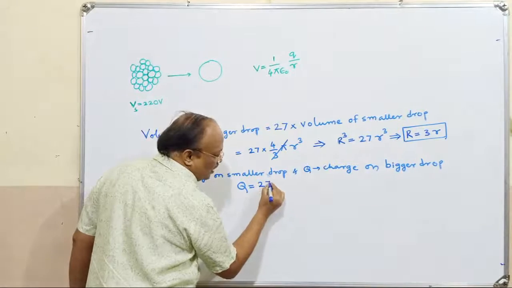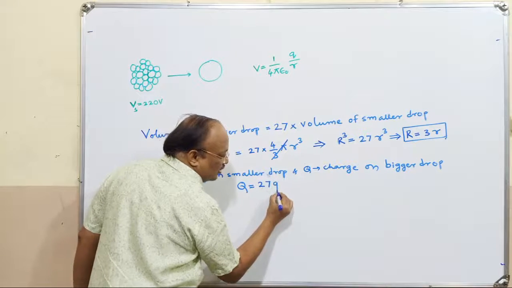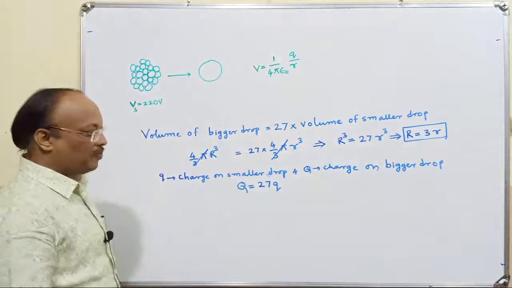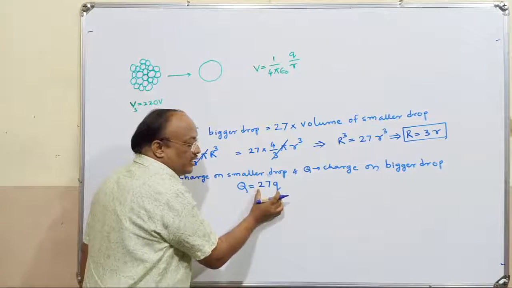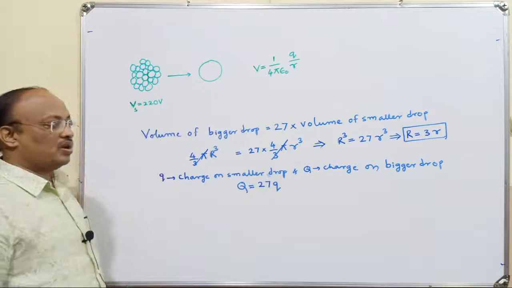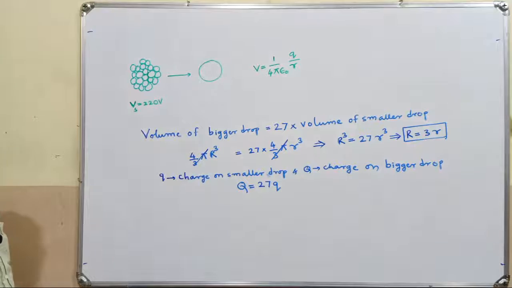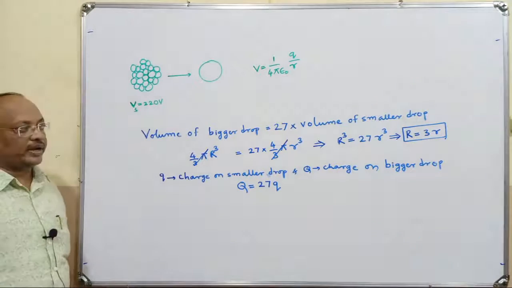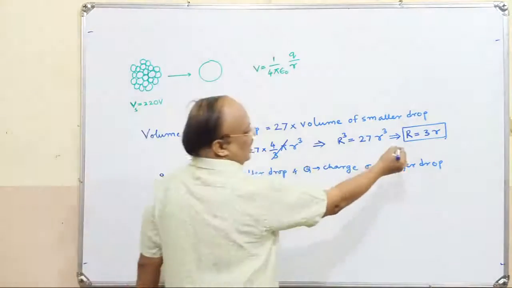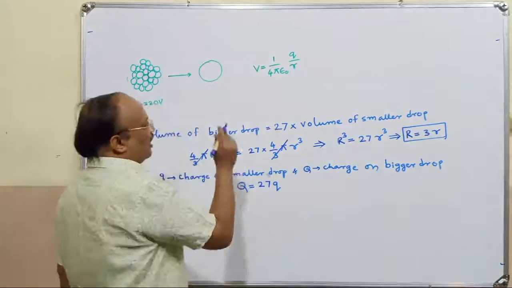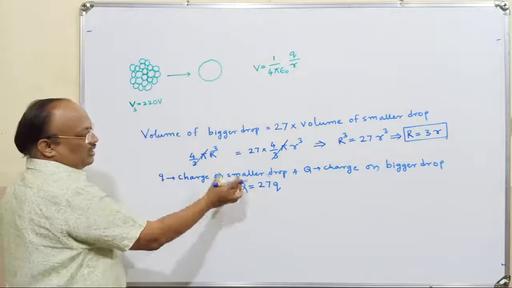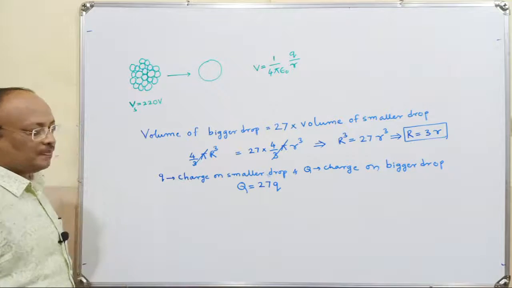So therefore, the charge of the bigger drop is equal to 27 times the charge of the smaller drop. Okay. So now we have found the radius of the bigger drop, and also the charge of the bigger drop.